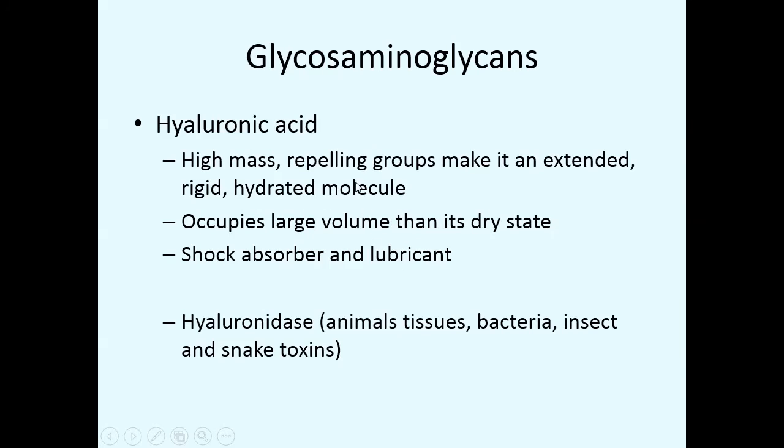Also, these are high molecular mass molecules. The carboxylate groups are negatively charged and the repulsive forces between them result in making the molecules extended. Because of these properties, hyaluronic acid molecules occupy a large volume.